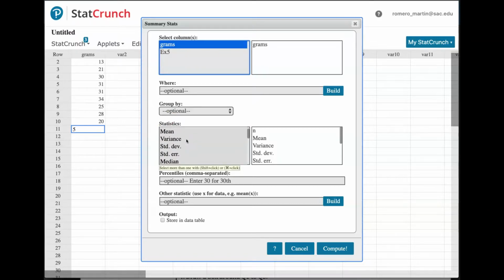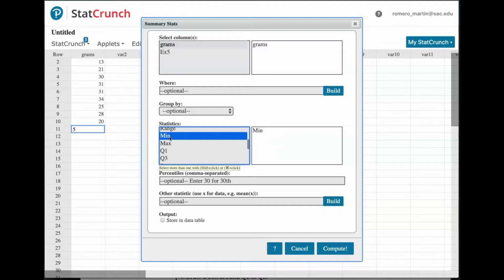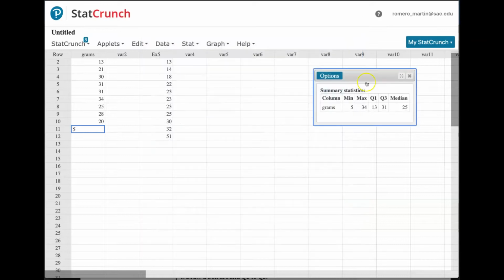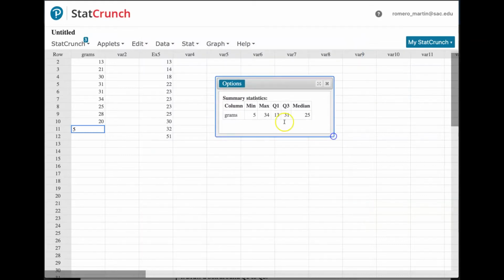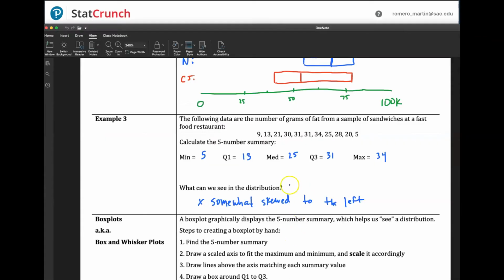We want the 5-number summary. That includes the min and the max. I'm holding the control button to select them. Q1, Q3, and I need the median. There it is right there. So there's my 5-number summary, and compute. And then you end up with your 5-number summary right here. That's where I got those numbers from. So that's using StatCrunch to do that calculation.